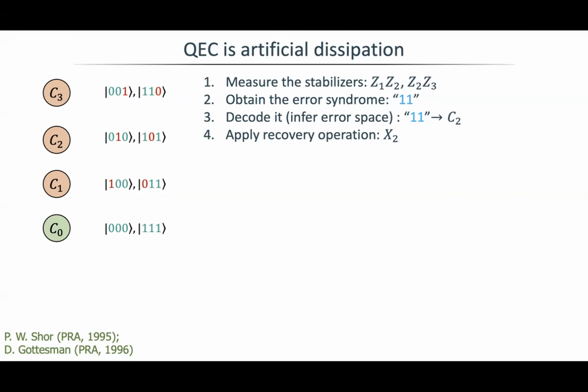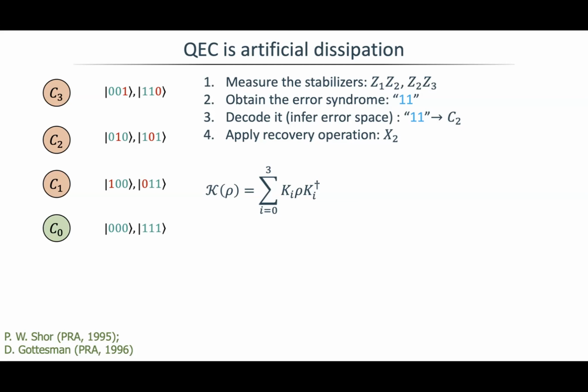Then we can look at it and decode it. That means we will infer in what subspace the state currently sits. So here we will infer it is in C2. Then we can apply a recovery operation, which will correct this error and bring the state back to the code space. Together, all of these 4 steps implement this Kraus channel of rank 4.